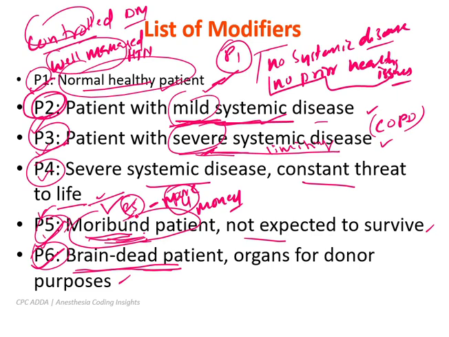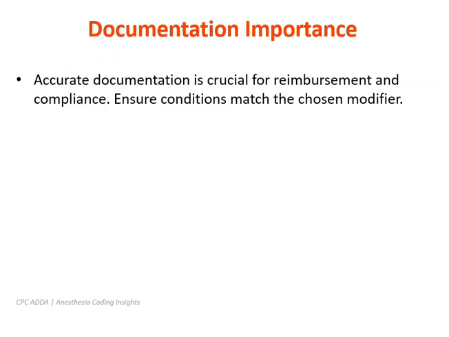For example, a 40-year-old patient with controlled asthma undergoing gallbladder removal.